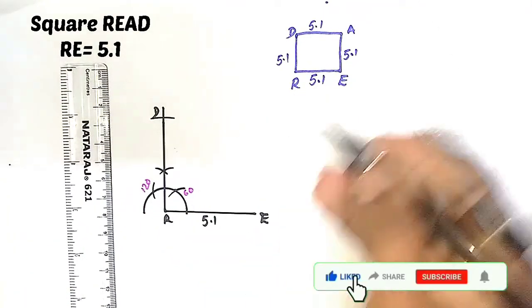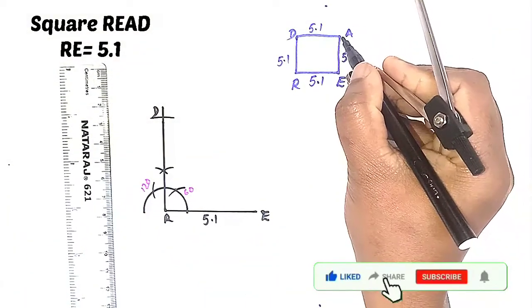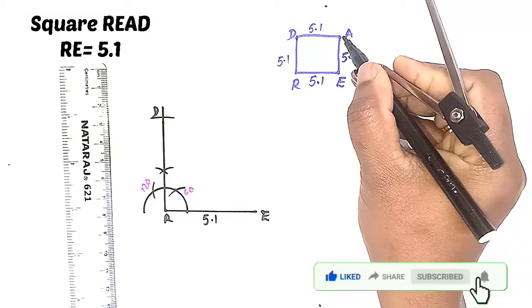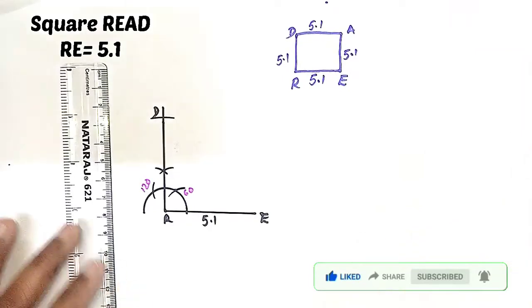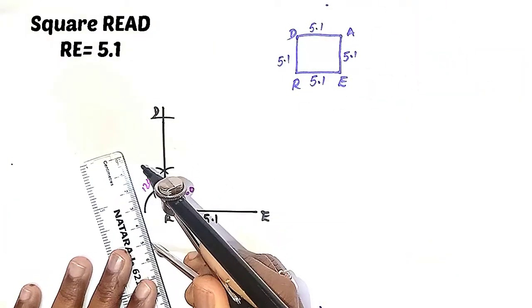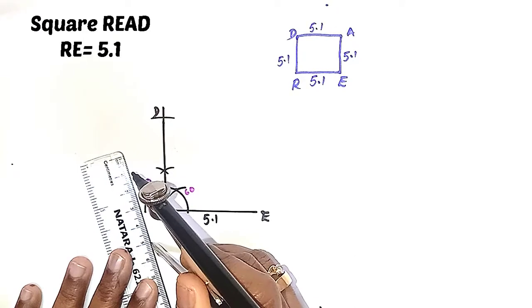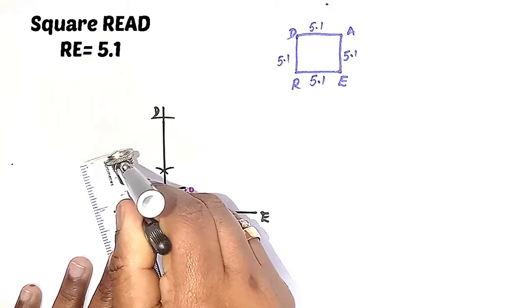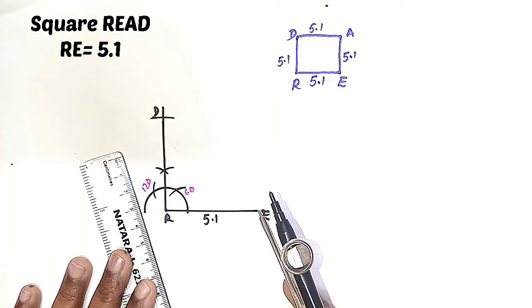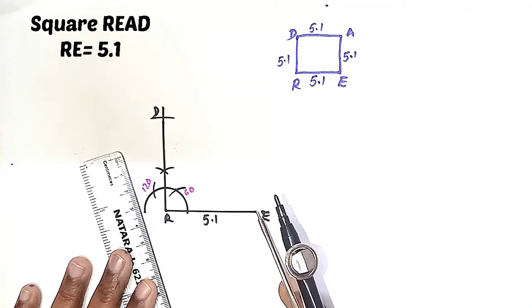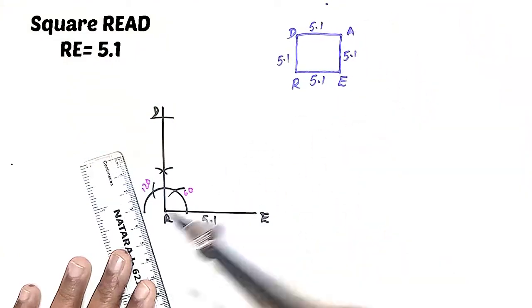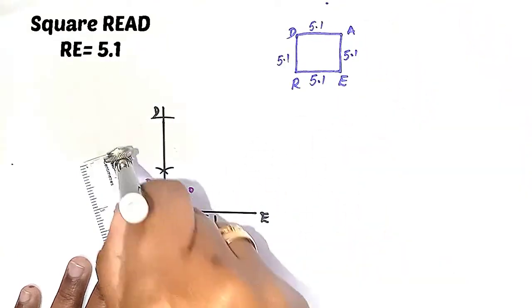Now we need to find the point A. A is also 5.1 centimeter away from E. 5.1 we need to take. Otherwise you can draw again 90 degree here. That way also you can draw. This way is easy only. So 5.1 again you can take.